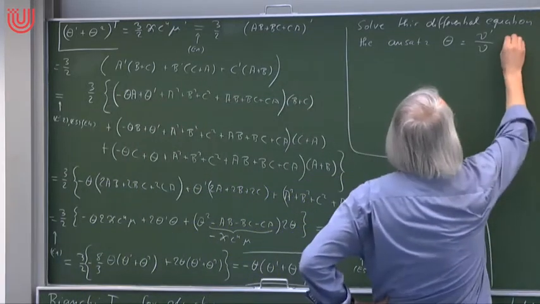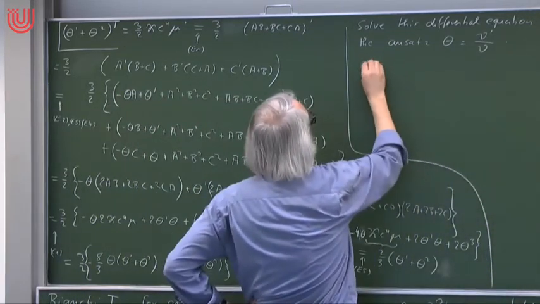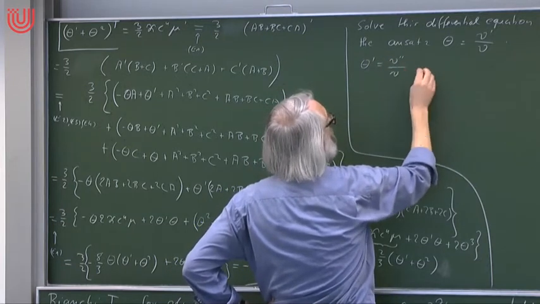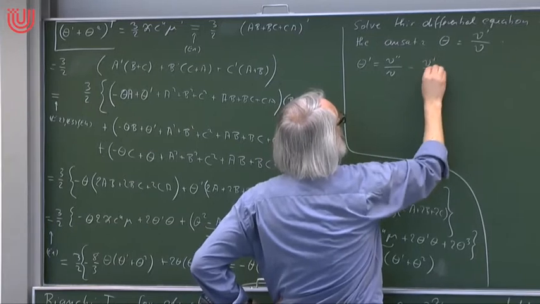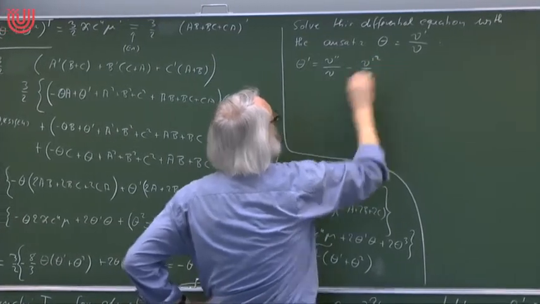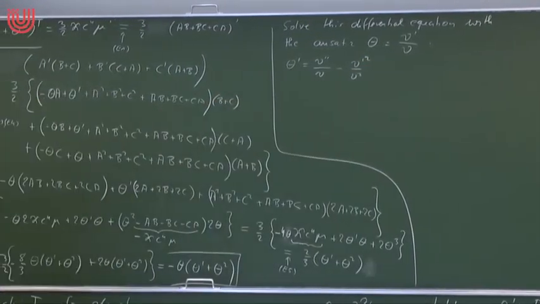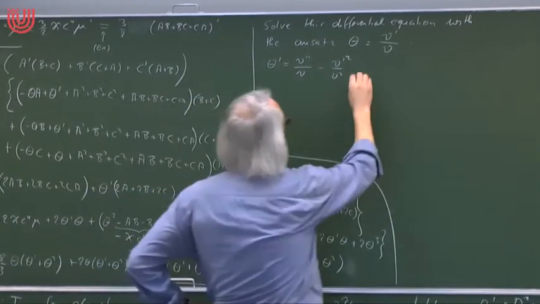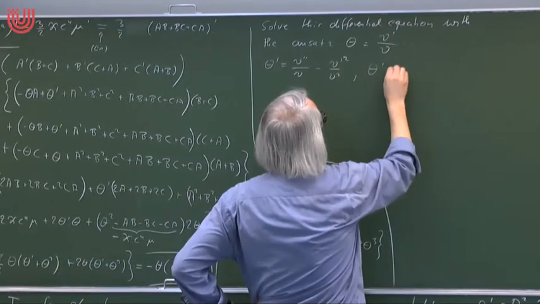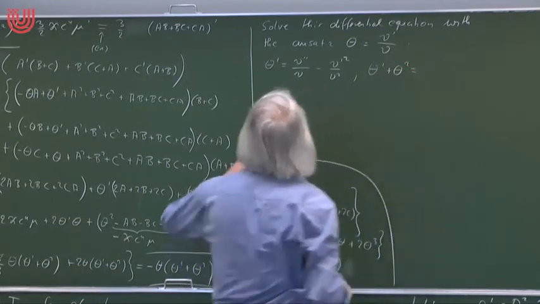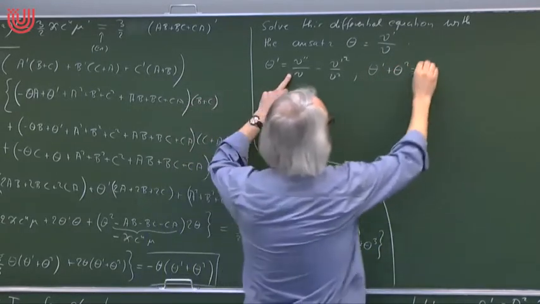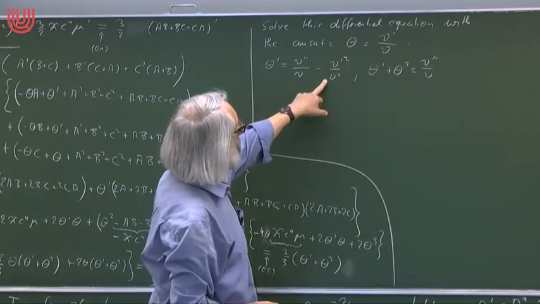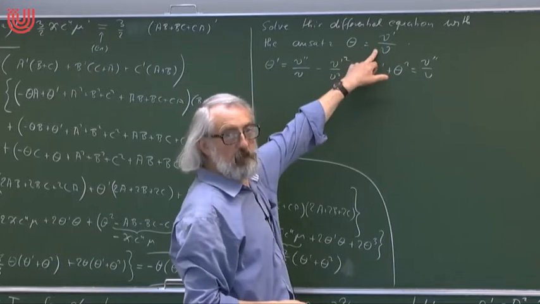So let me see what we get. Then theta prime is v double prime over v minus v prime over v squared, just with the product rule. And this means that theta prime plus theta squared is v double prime over v minus v prime squared over v squared plus v prime squared over v squared.